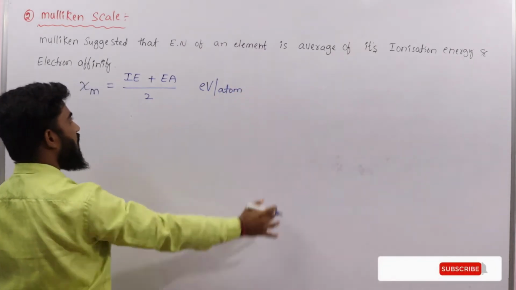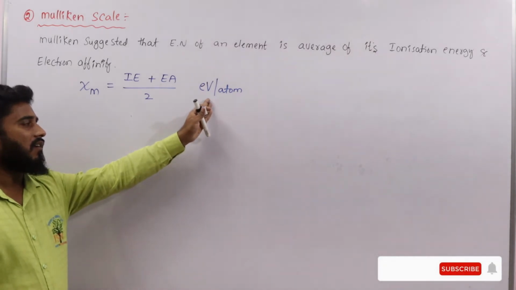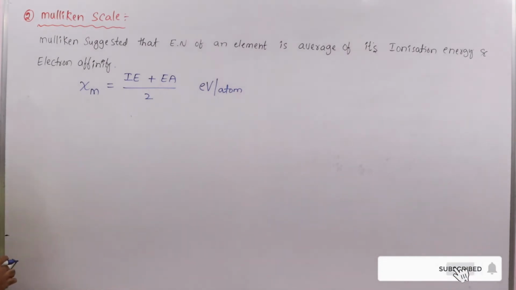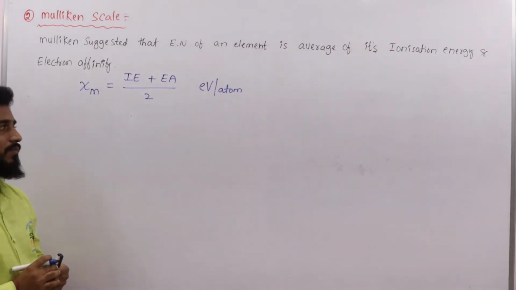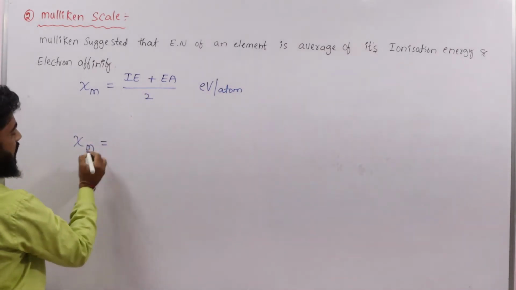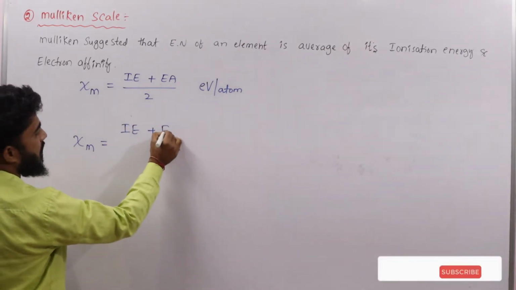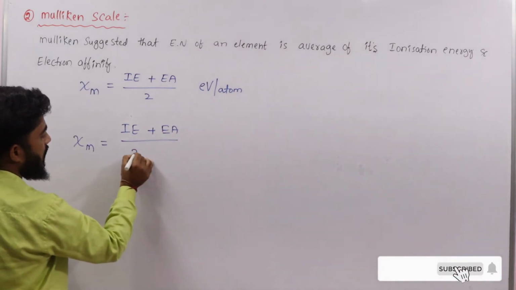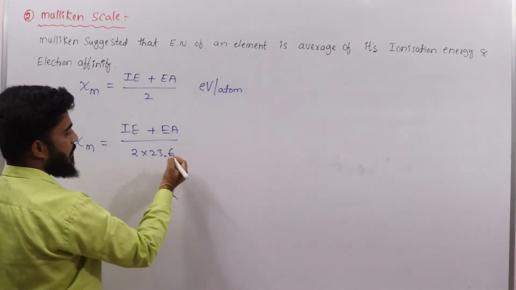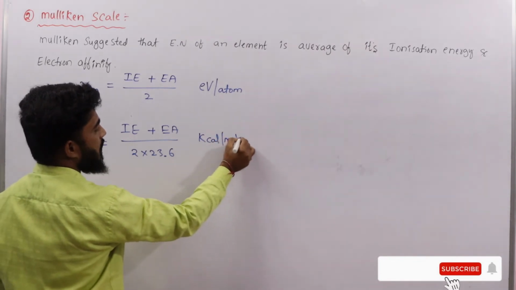If you want this in kilocalories or in kilojoules per mole, then we can write electronegativity according to the Mulliken scale equal to (ionization energy plus electron affinity) by 2, into 23.06. Here we take kilocalories per mole.